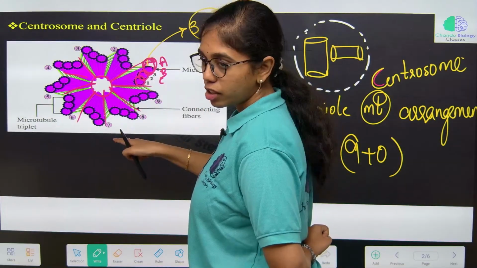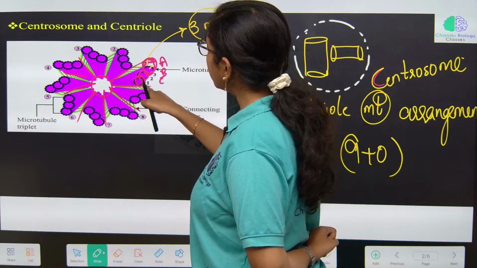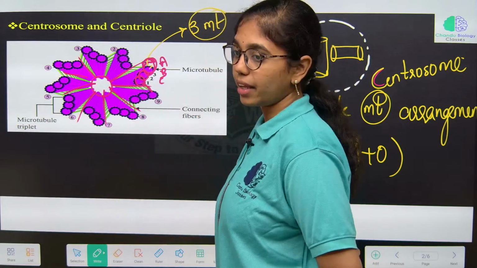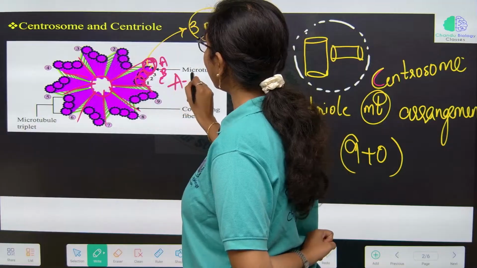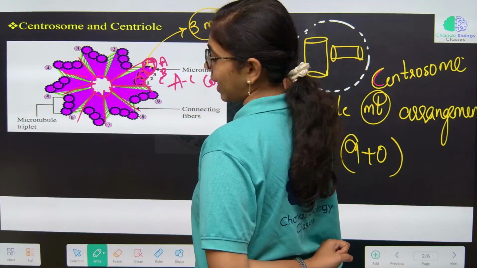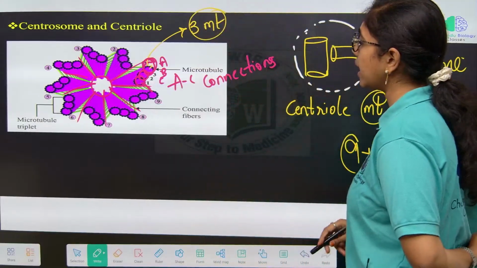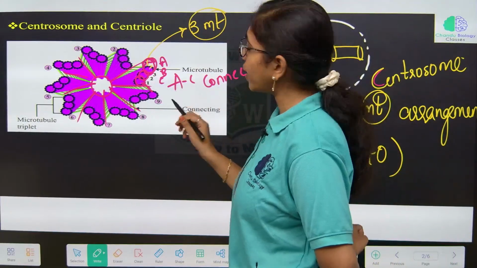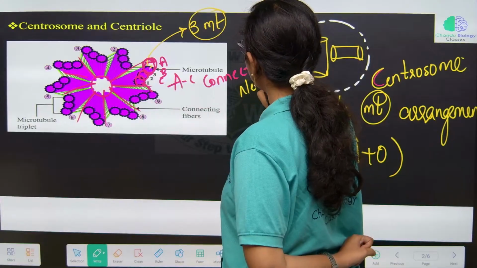The microtubule of one radial spoke is connected to the C microtubule of the other radial spoke. These are AC connections, and they are connected by the protein nexin.